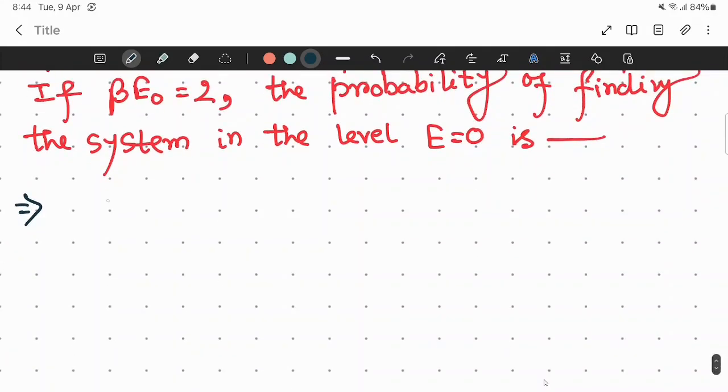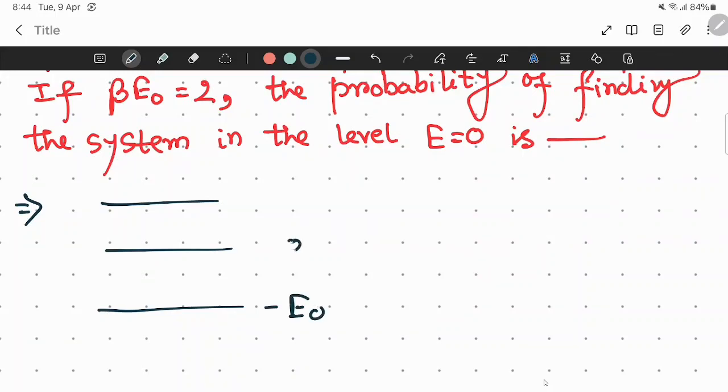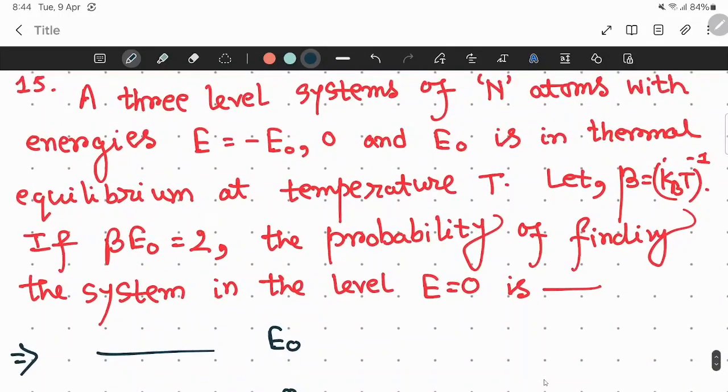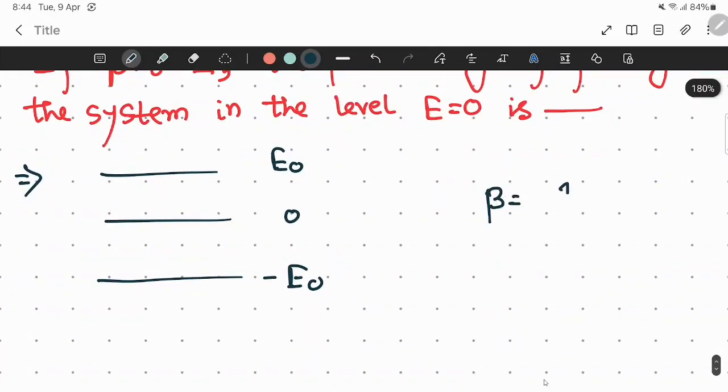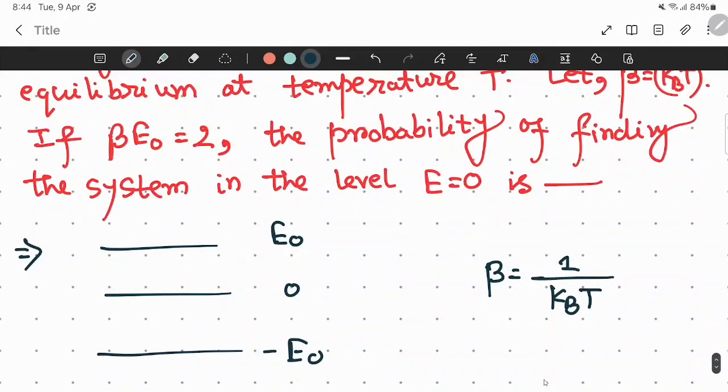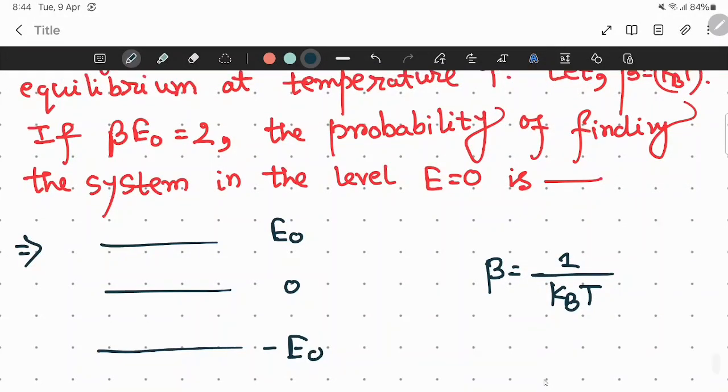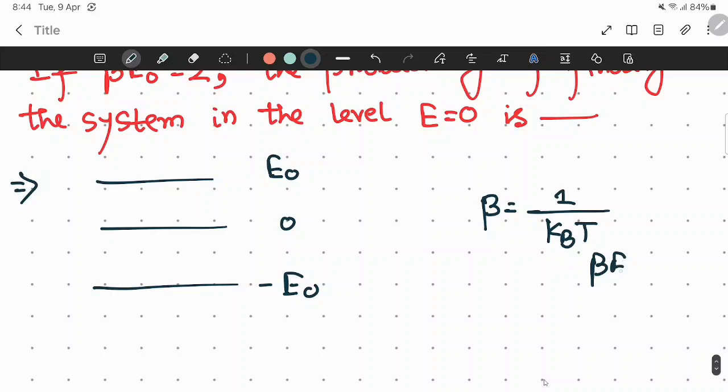Okay, so there are three energy levels: minus E0, 0, and E0. Okay, and the temperature is T and beta is 1 by kBT. These are known to us. Okay, so beta E0 is also given, that is 2.